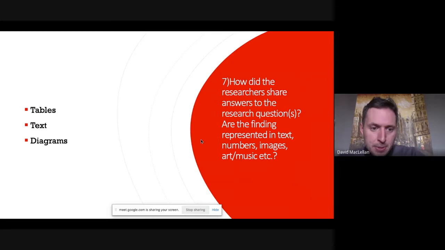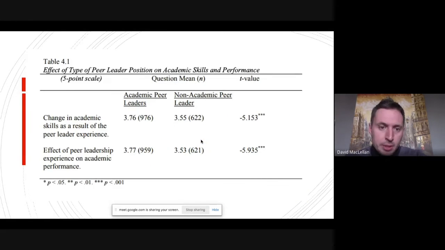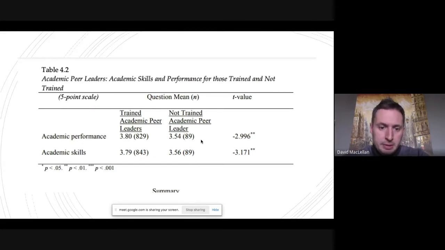All right, question 7. In the two research projects I looked at, there were examples of tables, text, and diagrams. Here's some examples. This is a diagram looking at the qualitative results of the study on peer students. This is a more quantitative look. These tables give statistical information that yield the results of the study.